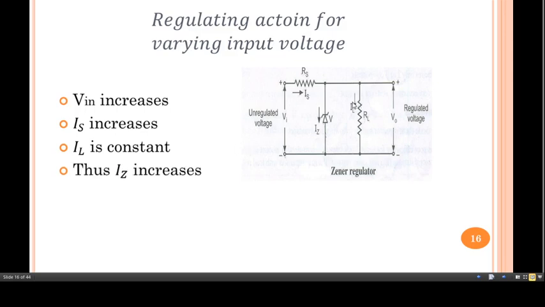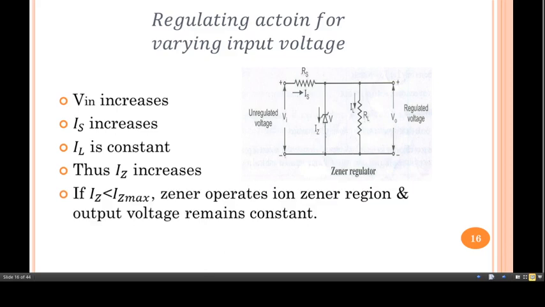So when Is increases and IL is constant, Iz will increase. If Iz remains less than Iz max, the Zener operates in the Zener region and the output voltage remains constant.